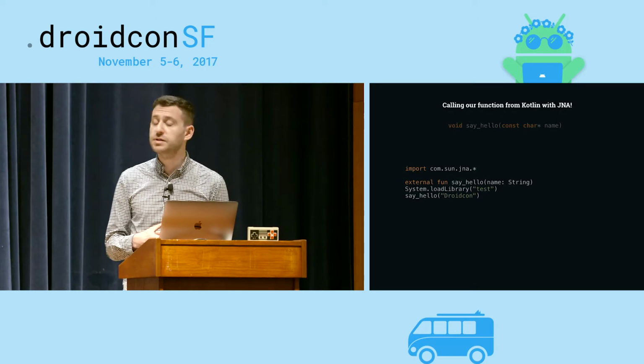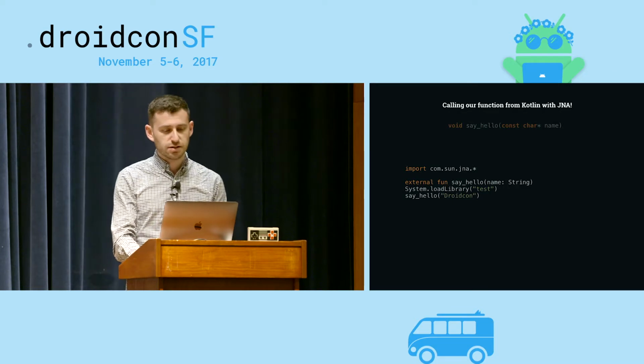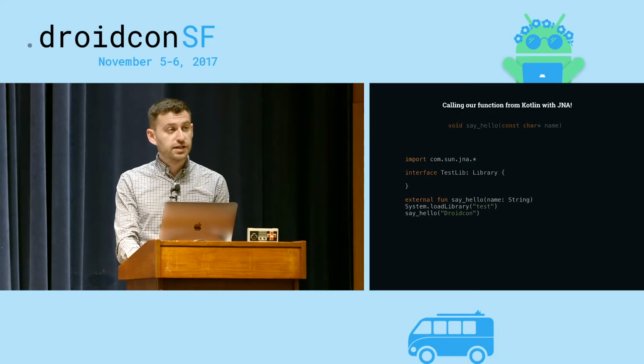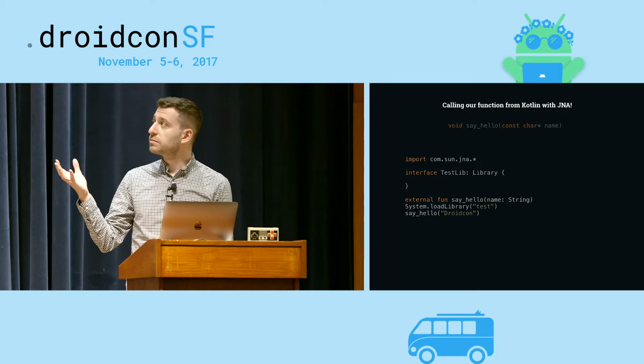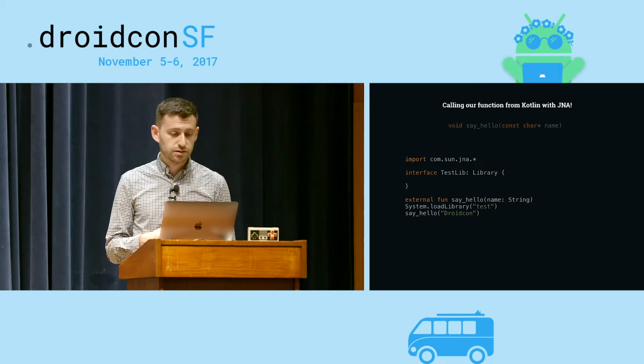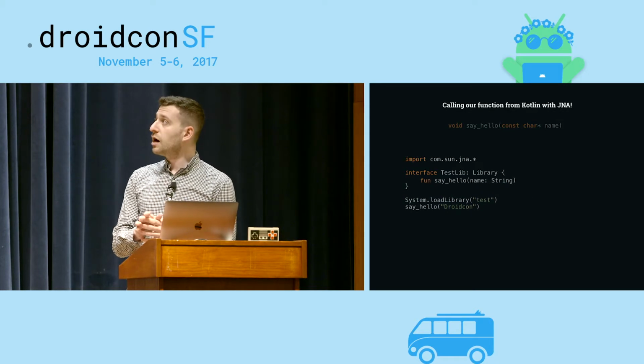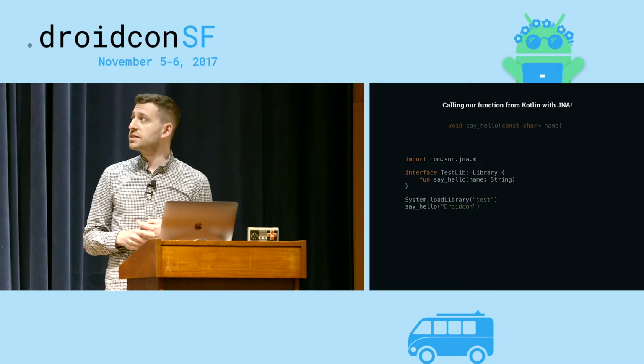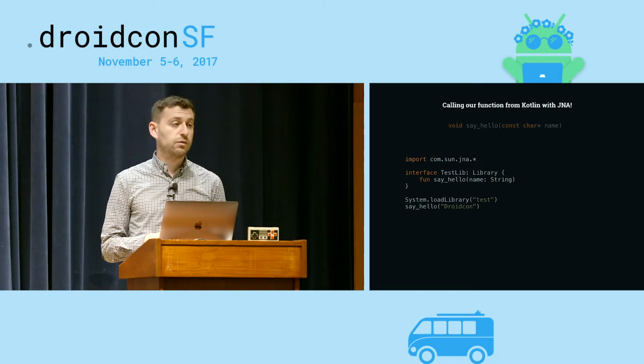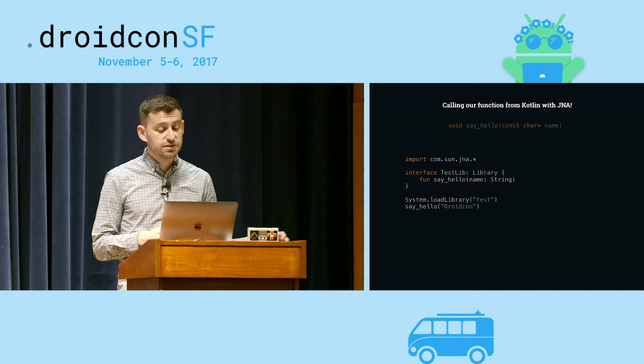The first thing we need to do is import the package. Next, we need to create an interface that extends from Library, and this will hold all of our definitions. Now, we just move our function definition into that interface, and we remove the external keyword, because that is specific to JNI.